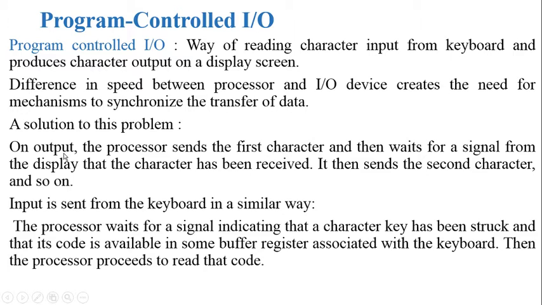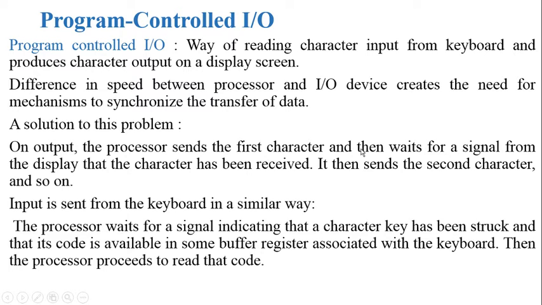On output, the processor sends the first character and then waits for a signal from the display that the character has been received. It then sends the second character and so on. First the processor sends a character to the display device in order to display that character.